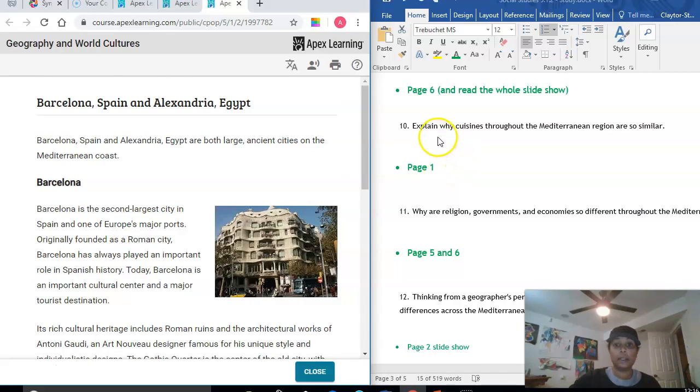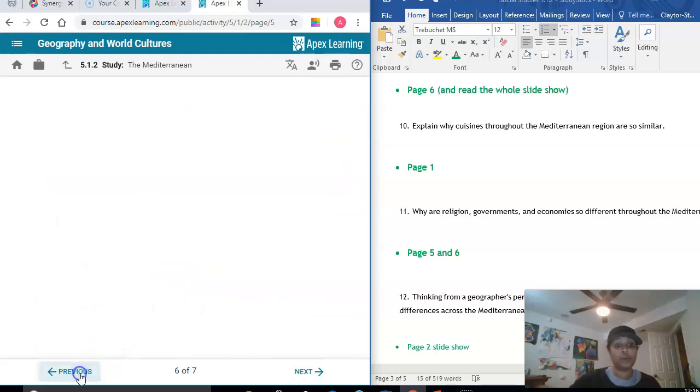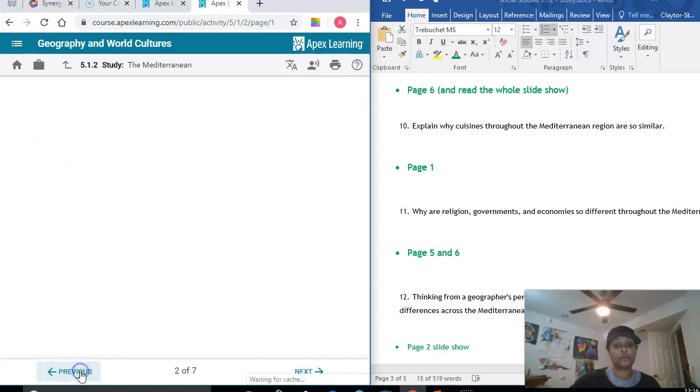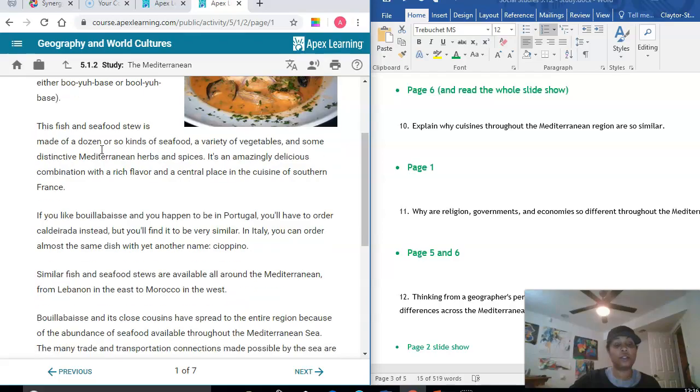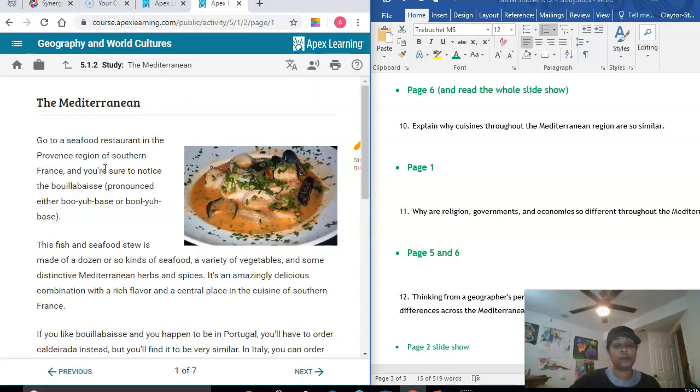All right, number 10, explain what cuisines throughout the Mediterranean region are so similar. Going back to page 1. The information is here, and it's not going to just jump out at you, but do pay attention to what they have access to around the Mediterranean.